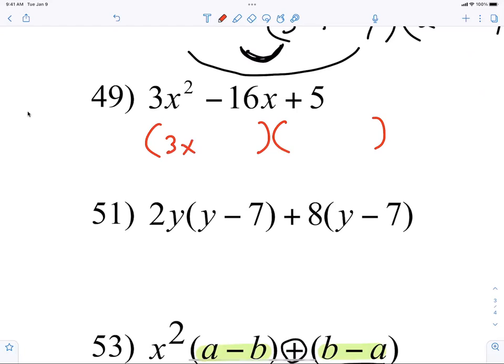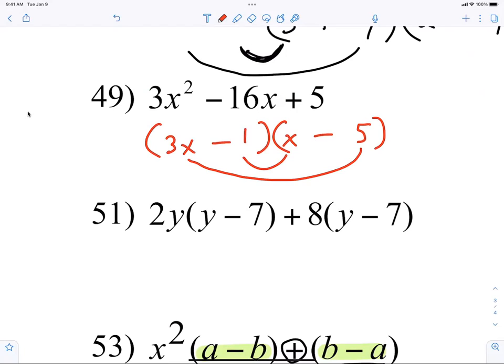So I'm doing 3x and x. Where does the 5 go? On the right side, because I know I want to make 16. So 5 times 3 is 15. And then if I throw a 1 here, 15 and 1 makes 16 if they're both negative. We want it to be negative 16.